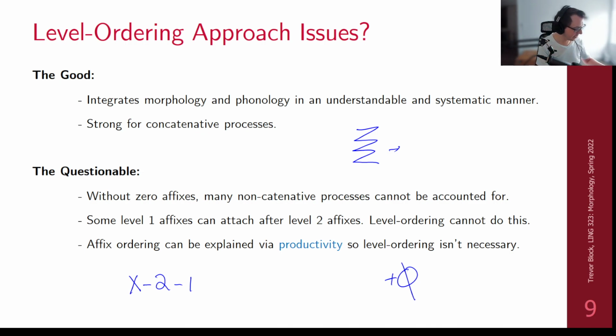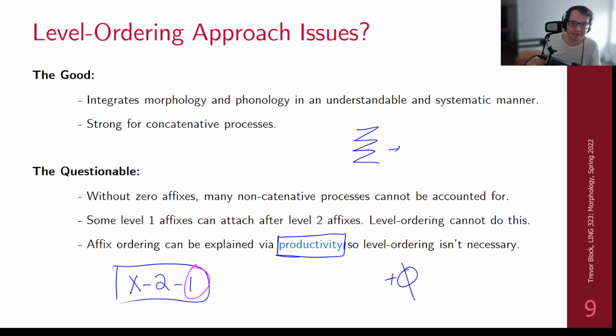So if we get this case, then suddenly level ordering isn't nice with it. Because how can it do a level 1 affix way later in the sequence when level 1 affixes are at the beginning? So what's happening there? Who knows?